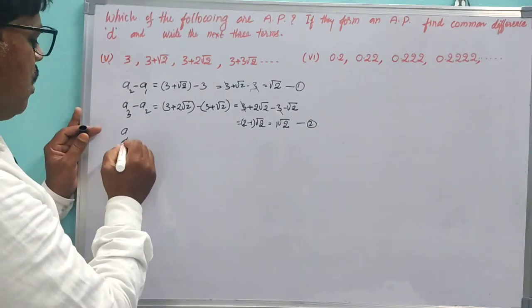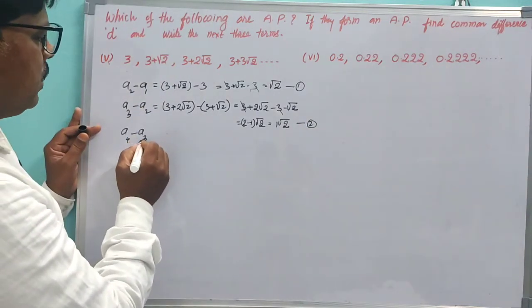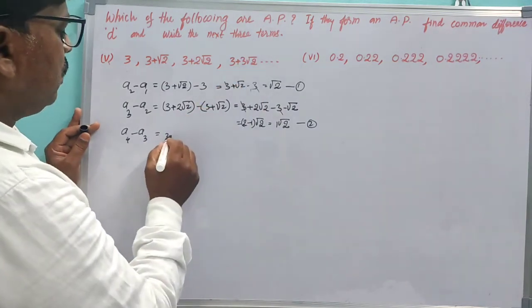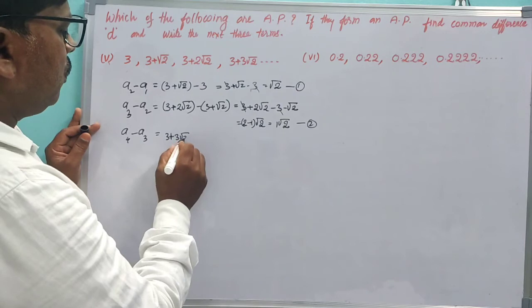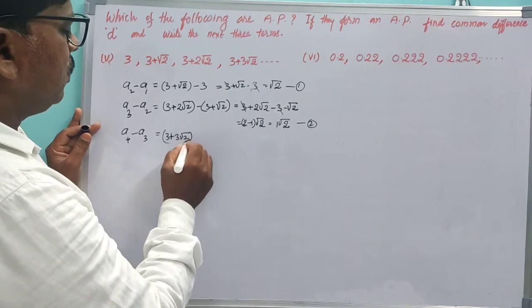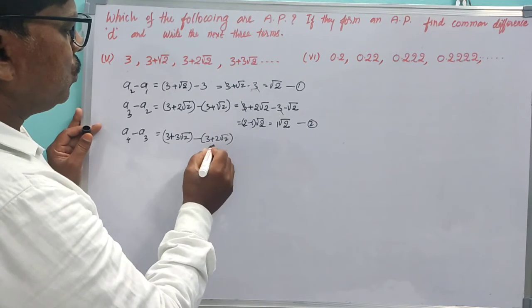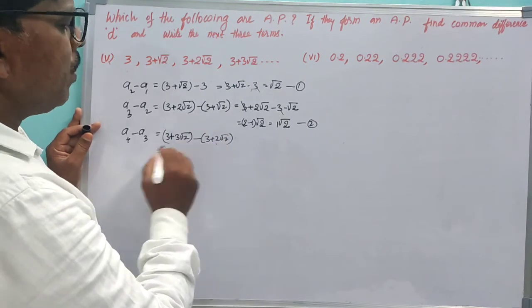Now a4 minus a3. So a4, what is this? It is 3 plus 3 root 2 minus 3 plus 2 root 2. So this is the third term and this is the fourth term.